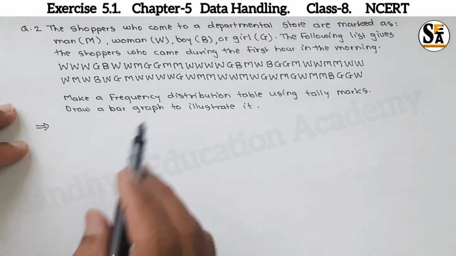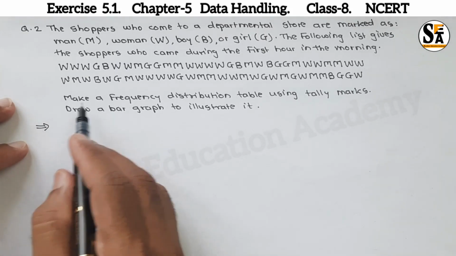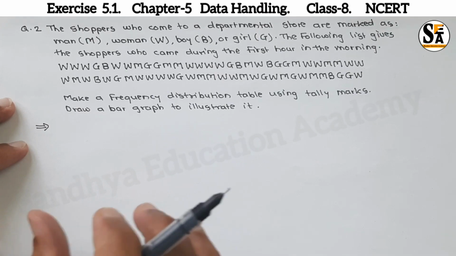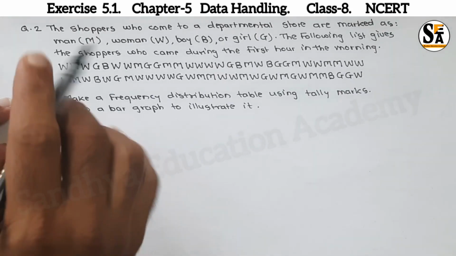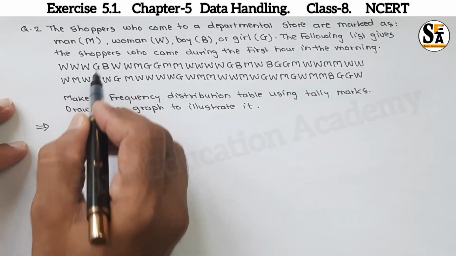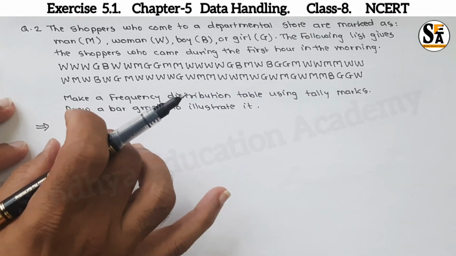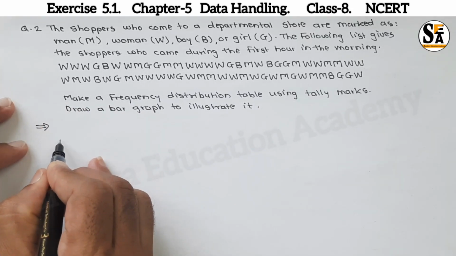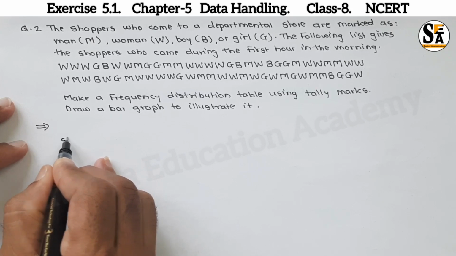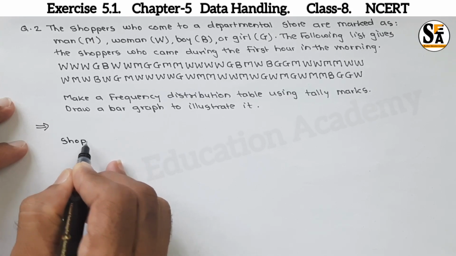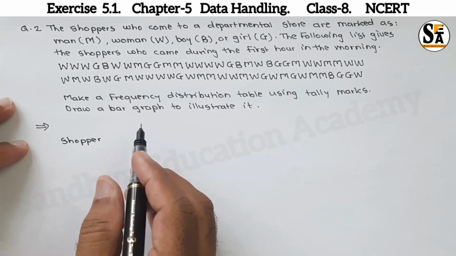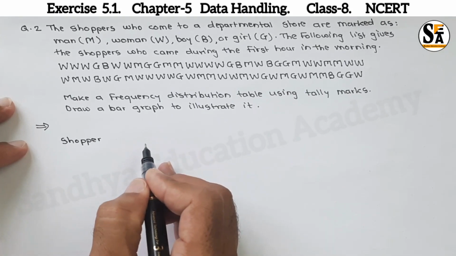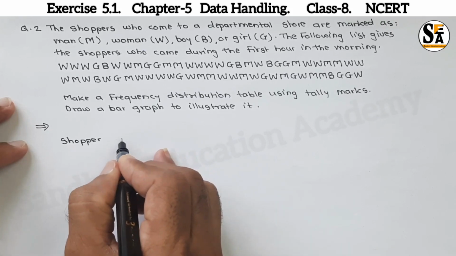Now we will start our solution. How to make a frequency distribution table? These are the shoppers. We will first make columns. In the first column we will write shoppers. In the next column we will write tally marks.